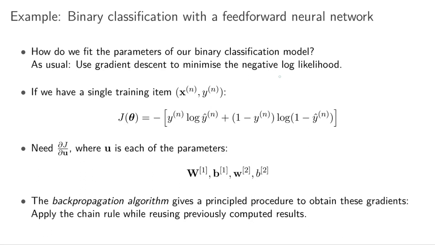If you have more samples and you use the negative log likelihood, then you can just take the sum over all of those samples individually. So if you step through the math again, you can very easily extend this to the case where we have more training examples, a whole batch of training examples maybe.